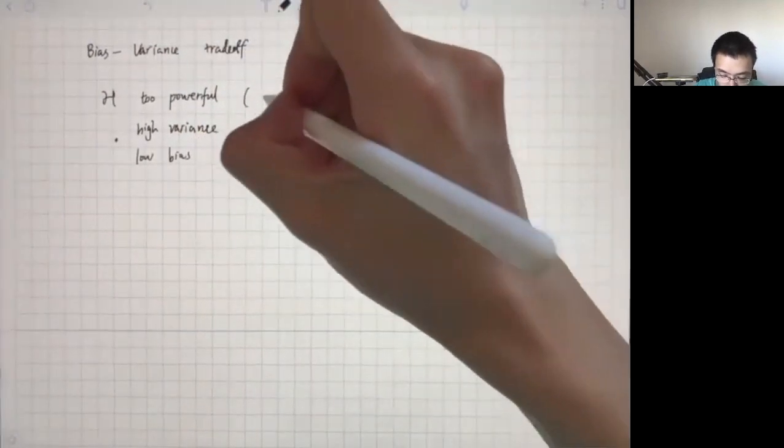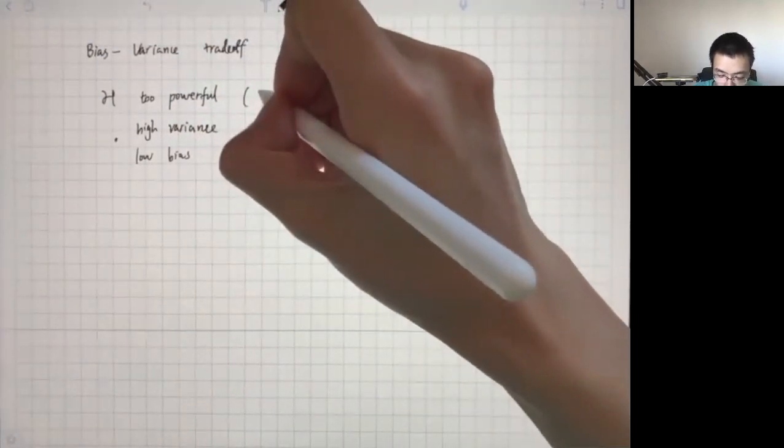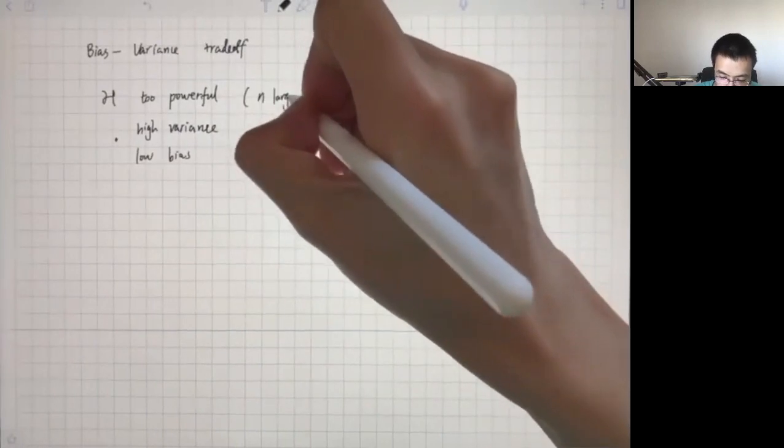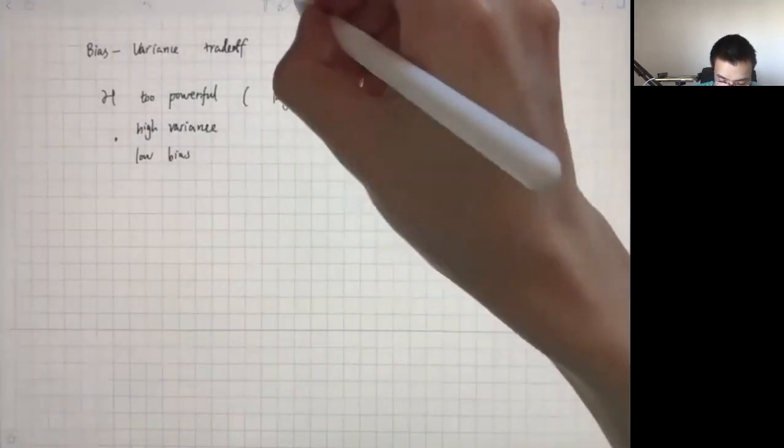Just like a linear regression model with a high order polynomial, where the order n is very large, or maybe I say the dimension is large.